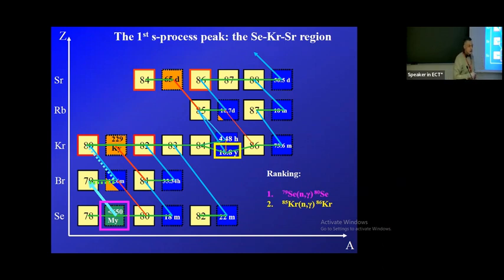And consider that strontium is the most important element of the first s-process peak, it means that the determination of the neutron capture rate of one single isotope may shape the whole distribution you obtain in your model. And it is extremely desired that someone in the future will measure this rate.